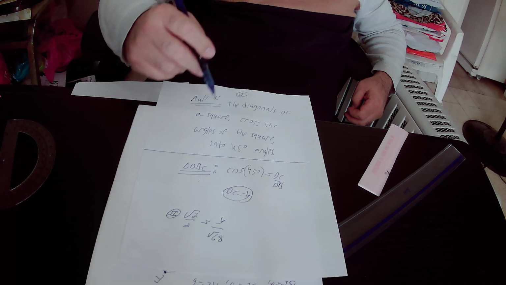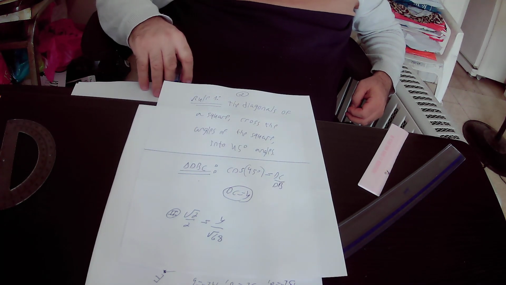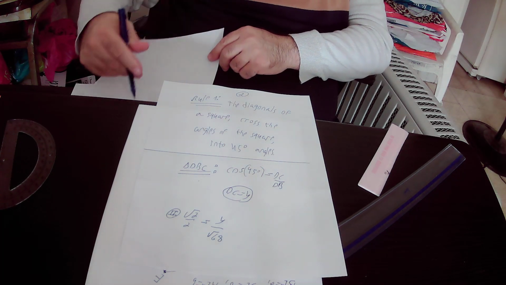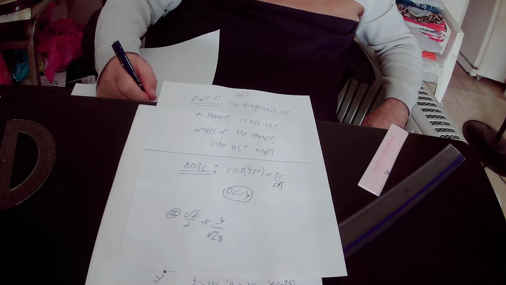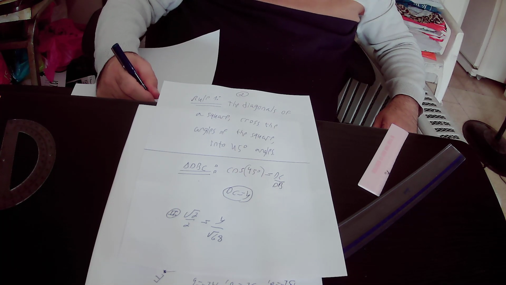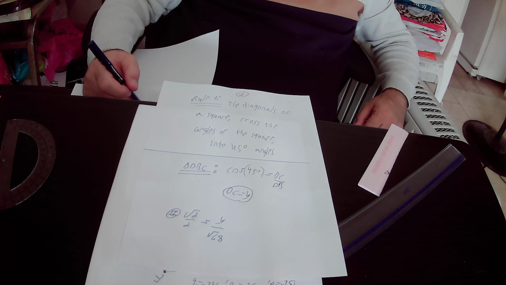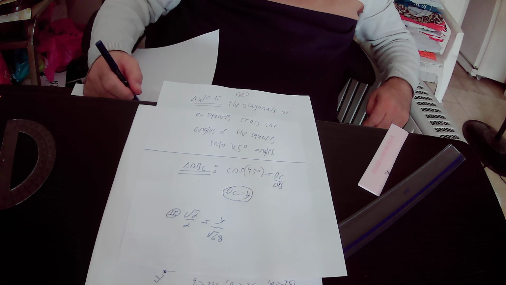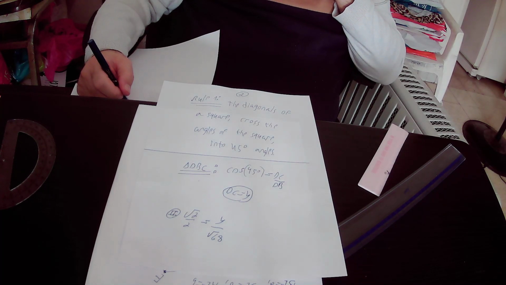Here we will multiply equation number 2 by square root of 68, and we will get that y equals square root of 68 times square root of 2 over 2.